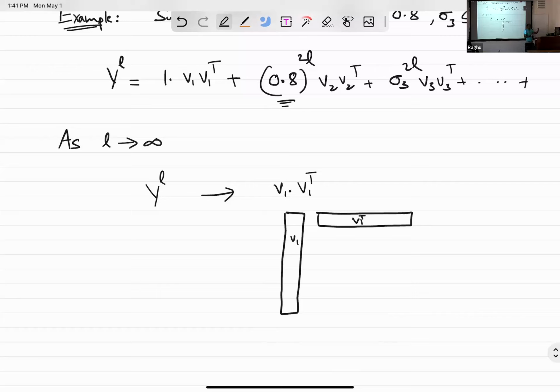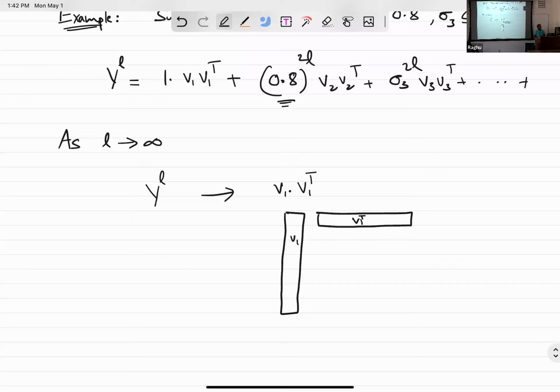We are given the matrix X, and we had to compute the first singular vector V1. So I'm just going to manipulate X somehow: multiply X with its transpose to get Y, and then multiply Y with itself again and again. Let's worry about efficiency later on. But when I do this, I'm getting this matrix Y to the L.